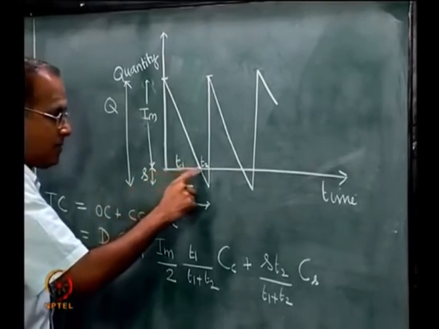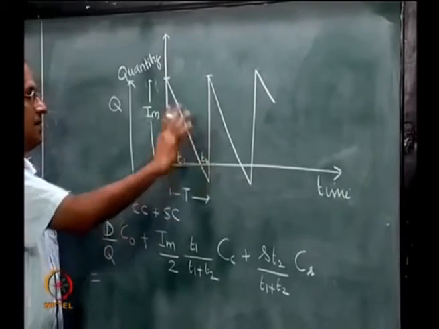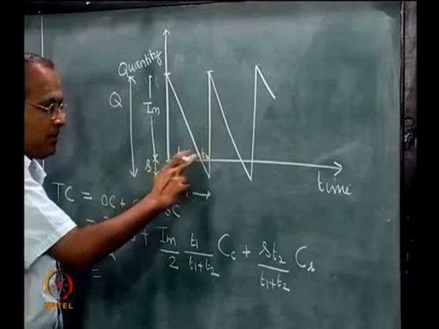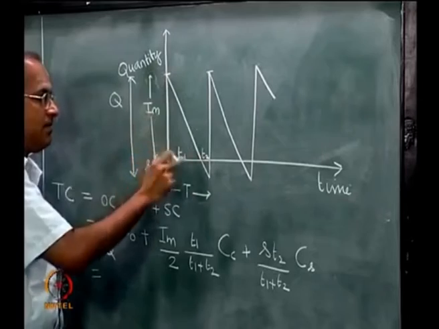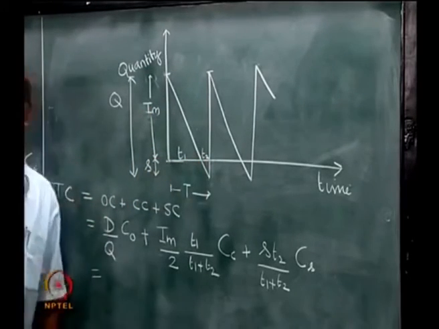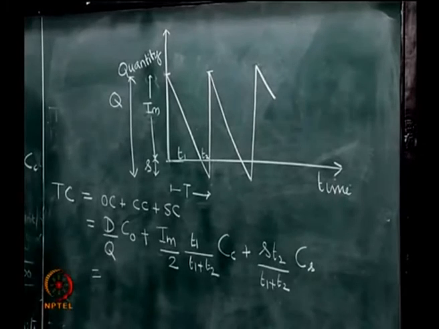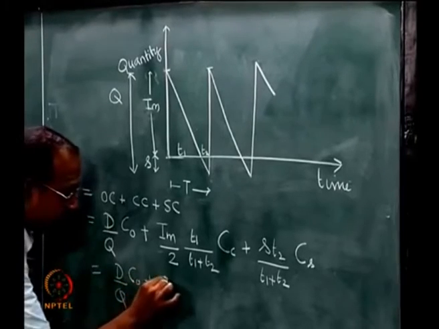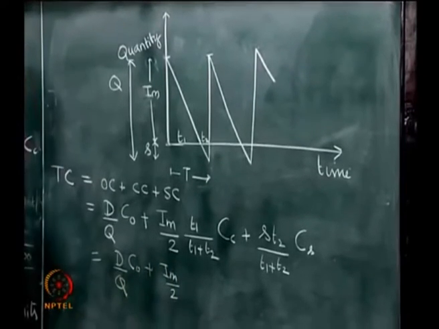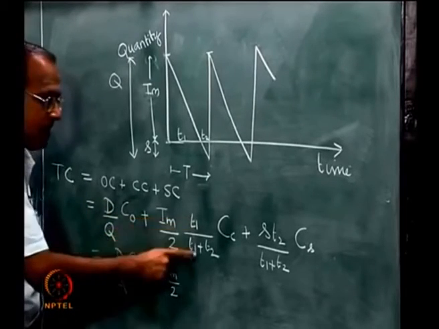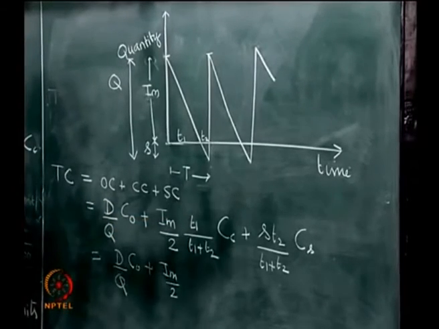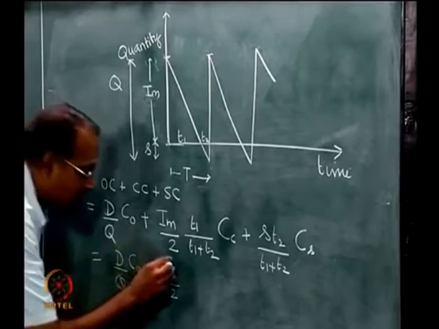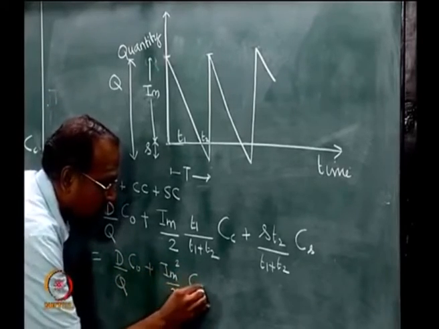Now T1 by T1 plus T2, from similar triangles, is equal to Im by Im plus S. T1 by T1 plus T2 will be Im divided by Im plus S, but Im plus S is Q. So this will become d by Q into C naught plus Im by 2 into T1 by T1 plus T2, which is Im by Im plus S, which is Im by Q. So this will become Im square by 2Q into Cc.